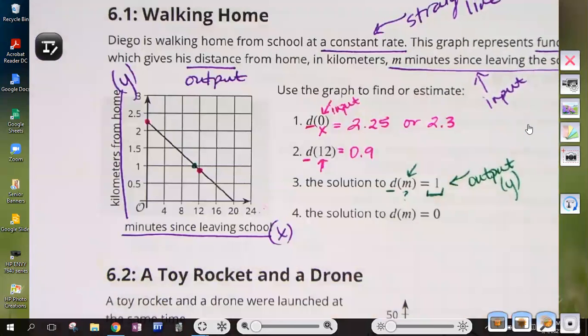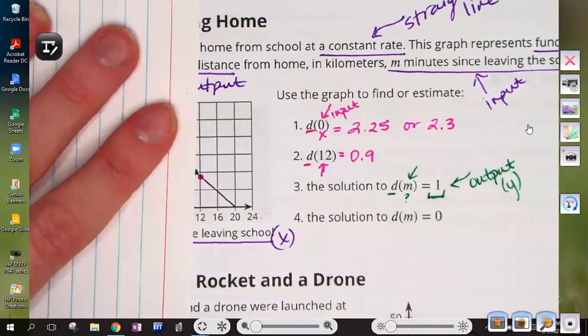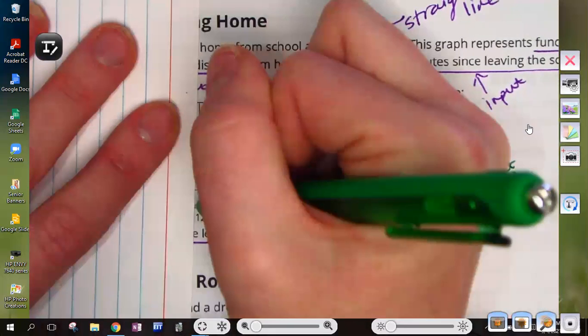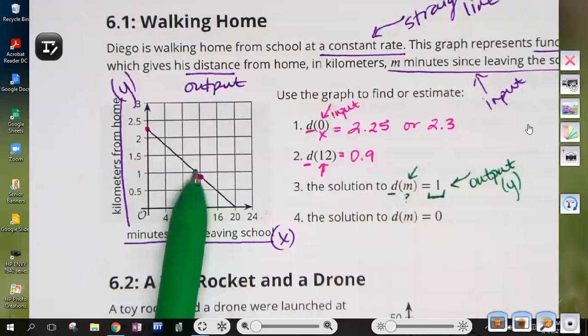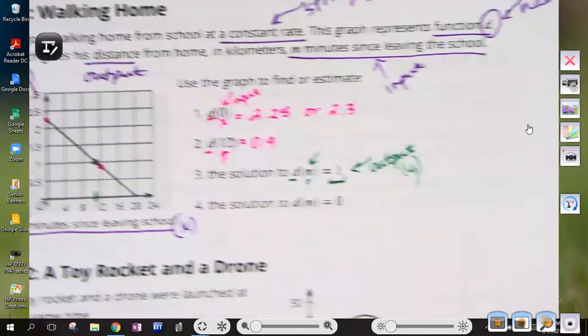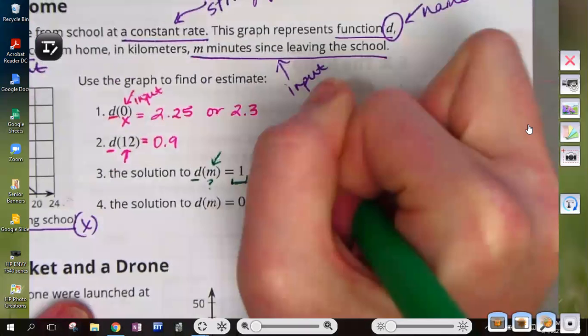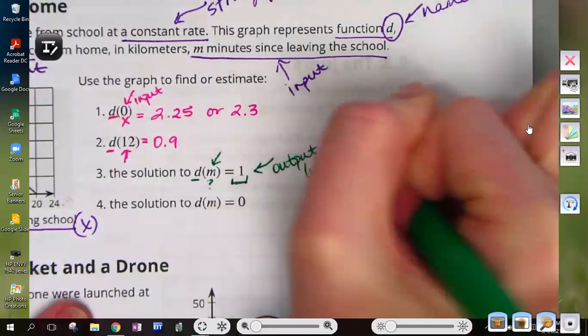Okay. So if I look, y'all don't have to be this precise, but I'm just showing you what I'm doing. All right. So it looks like when my output is 1, what is my input? It looks to be about 11. So I would write that d of 11 equals 1.